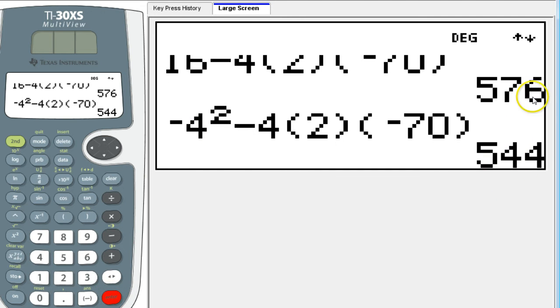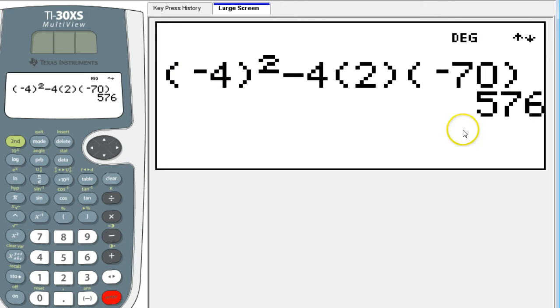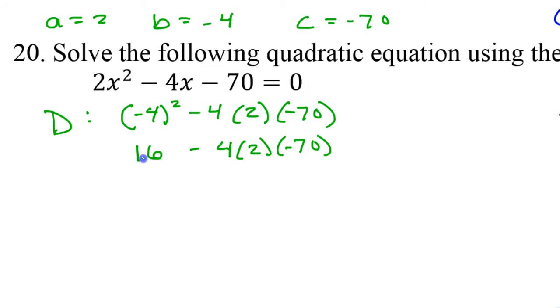It's not 576, it's 544, which is not right. And this is a very, very common mistake. If you want the negative to be included in the squaring, you have to put it in parentheses. That's why this is wrong. If you type it in with parentheses around the negative 4, now you get the same answer, 576. Anyway, back to the problem.